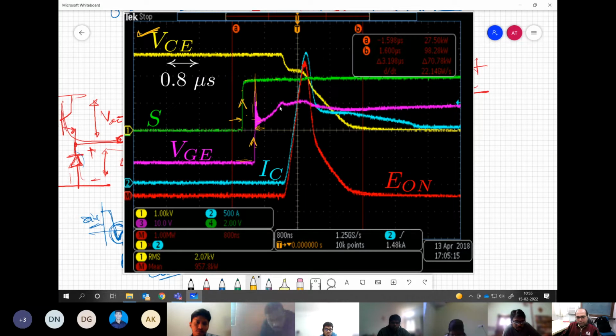Then the gate voltage has stabilized almost. So the moment it stabilizes, this starts falling. And you see the plateau over here. This is where the device current starts changing suddenly and it becomes maximum. This is the kind of overshoot I'm talking about on the current. This is happening on account of reverse recovery.